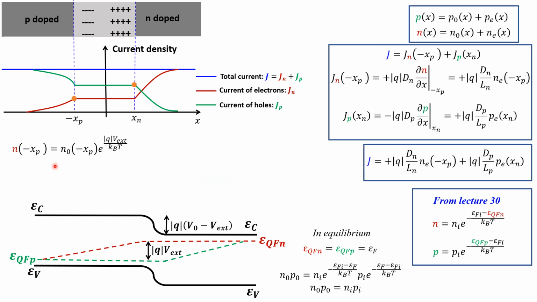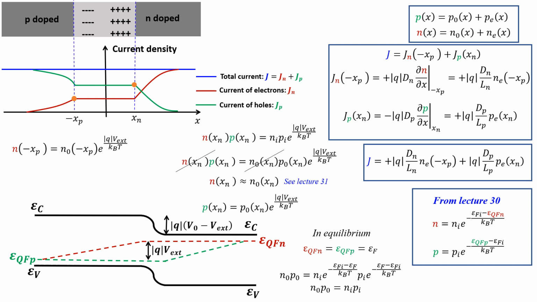So we're going to store this equation here and follow the same reasoning now for the concentration of electrons and holes at the point xn. Now we are talking about the concentration of electrons in the n-doped region. So electrons are now the majority carriers, which means that the concentration of electrons out of equilibrium is almost identical to the concentration in equilibrium, which allows us to cancel these two terms and end up with the concentration of holes, which now are the minority carriers.